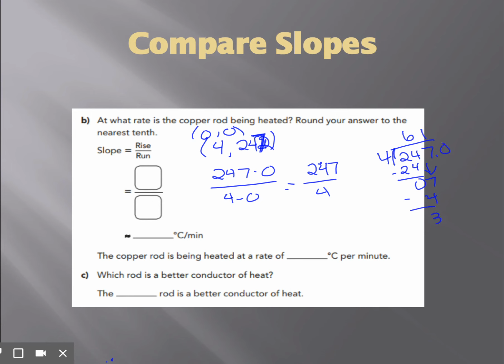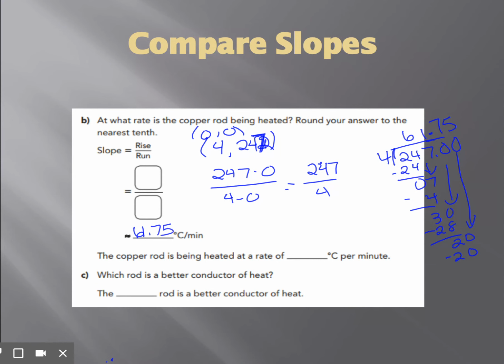I'd add a decimal and a 0, bring it down. 4 goes into 30 7 times. Again, bring down a 0 until I'm done. 4 goes into 20 5 times. Now we're finished. So this one is actually 61.75 degrees Celsius per minute.